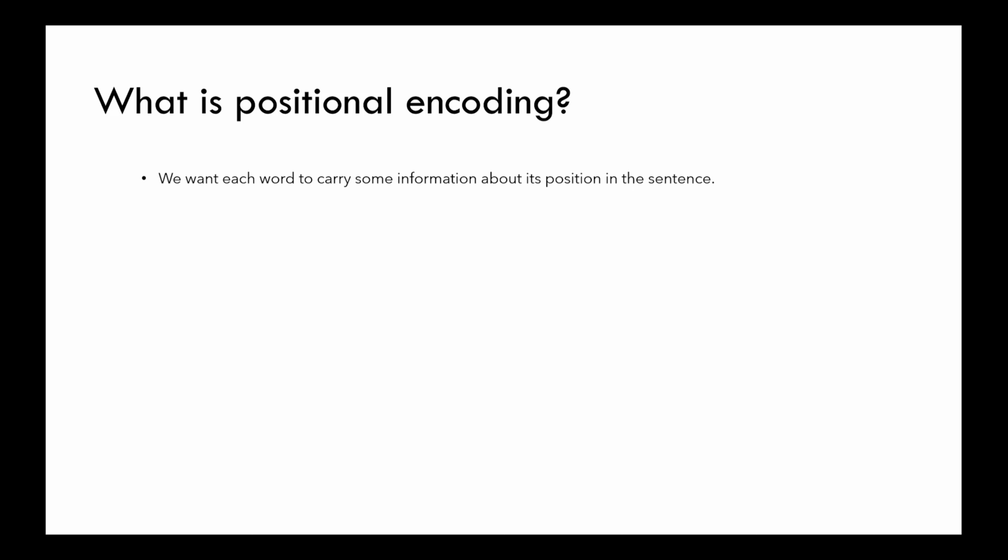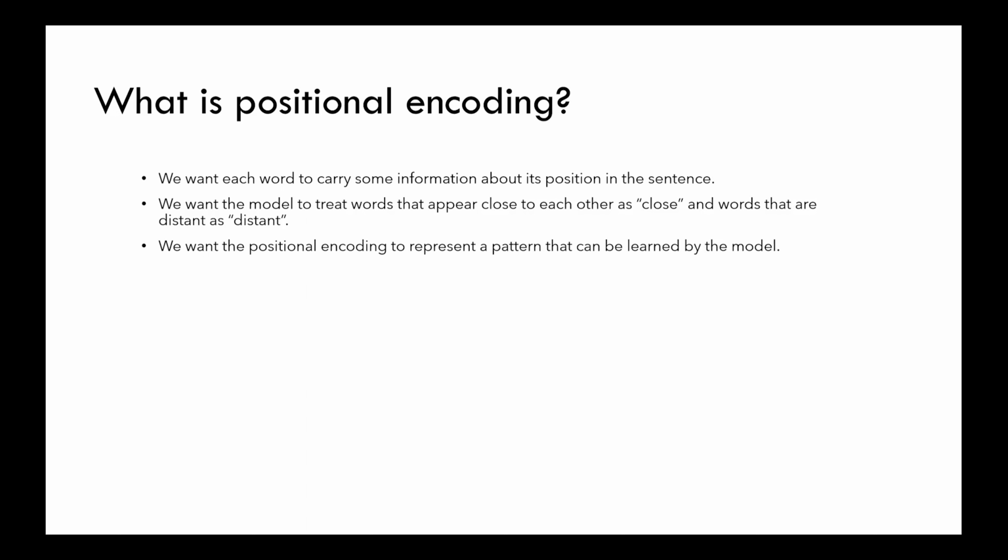So we need to add this information, and we do this through positional encoding. We also want this positional encoding to teach the model to treat words that are close to each other as close and words that are far apart as distant. And we want the positional encoding to represent a pattern that a model can learn.